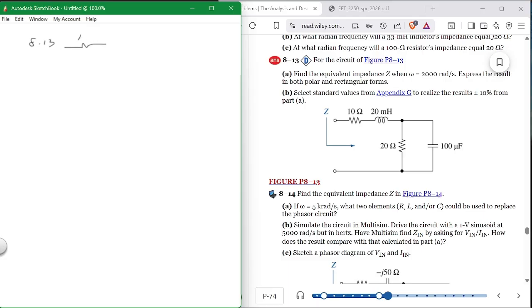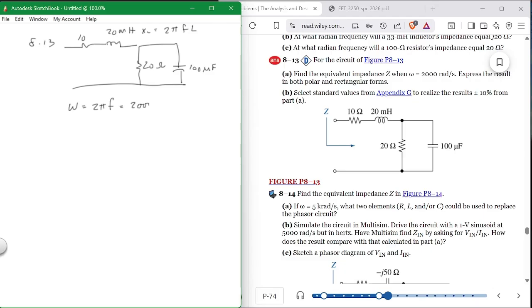It's 10 ohms and then 20 millihenries, and then it's 20 ohms and 100 microfarads. So what is the X sub L up here? It's 2 times pi times F times L, and 2 times pi times F is omega, which they give you.